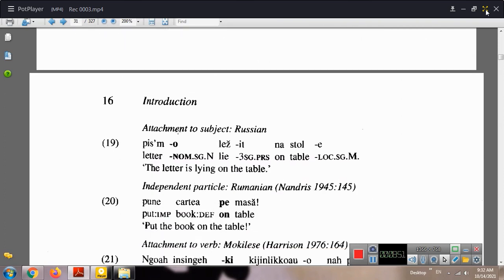Here you can see an example of each means. Attachment to the subject occurs in Russian: this nominative singular marker is attached to the subject. It means the letter is lying on the table.